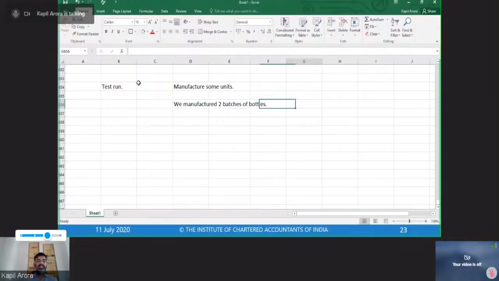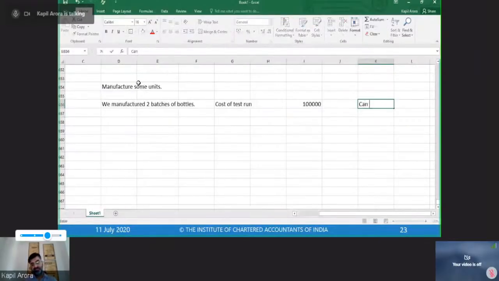The cost of the test run was 1 lakh. This can be added in asset value because this becomes part of directly attributable cost, right?